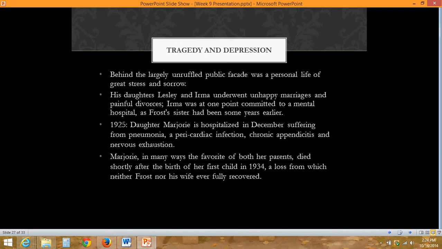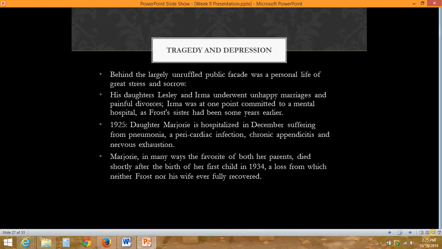So he had two daughters, Leslie and Irma, that wedded unhappily and ended up in divorce, which of course, as we know from before the time, divorces were very looked down upon in one respect, but also didn't leave the wife in a lot of ease, for sure.